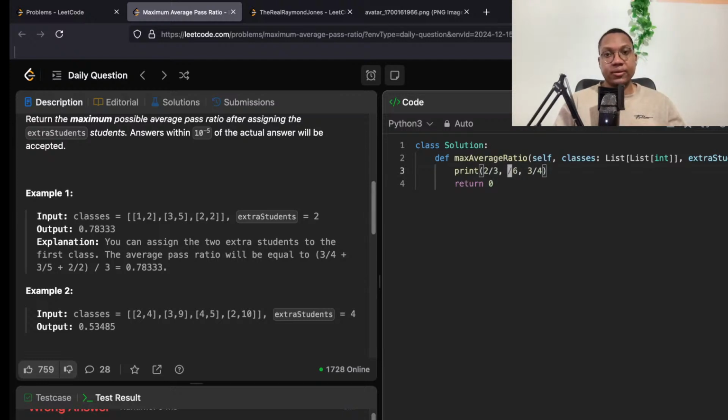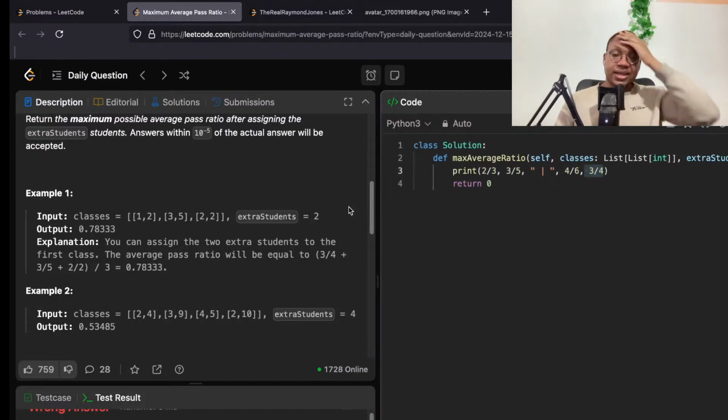And then we're left with a decision: do we want to place it for 2/3, or do we want to place it for 3/5? And the difference is probably going to be something like 4/6 versus 3/4. Which one's bigger? And this one's the biggest one, so we keep it. Okay.